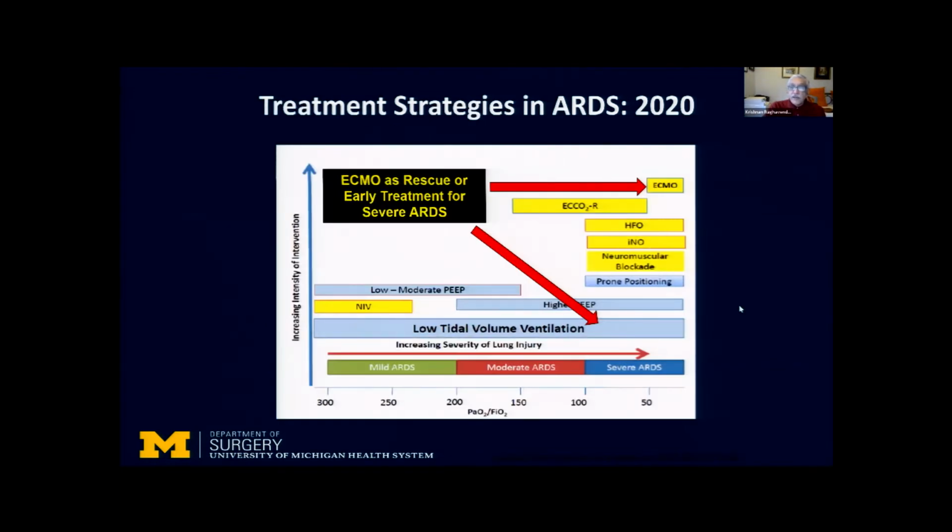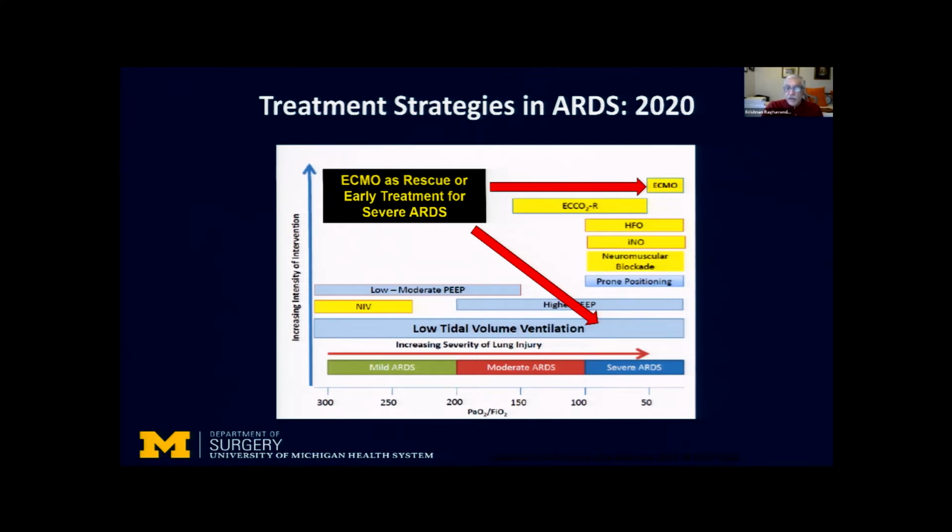The treatment strategies of ARDS in 2020 or 2021 haven't changed, except that we don't use high frequency oscillators or inhaled nitric oxide anymore. If you remember the EOLIA study, it basically showed that ECMO is still being used as a rescue.